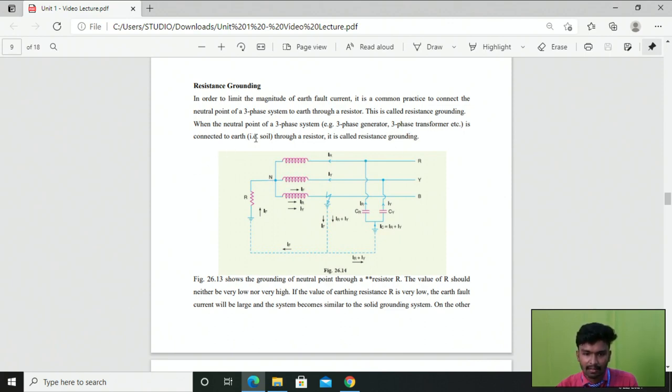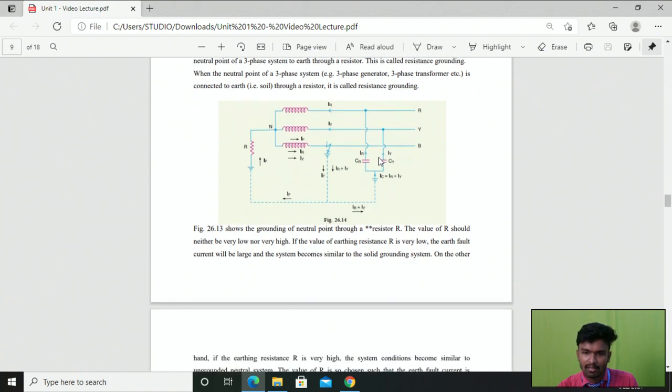This is a diagram of resistance grounding. Here the neutral point is connected to the earth through a small resistance having some value. Based on the magnitude of fault current, this resistance value may be varied. The main function of this resistance is to limit the magnitude of fault current.